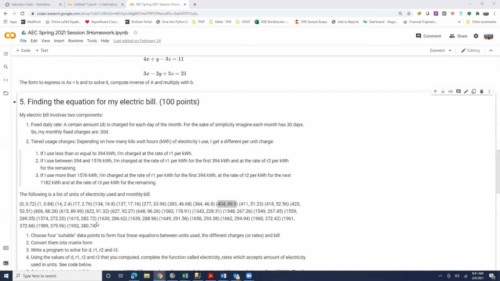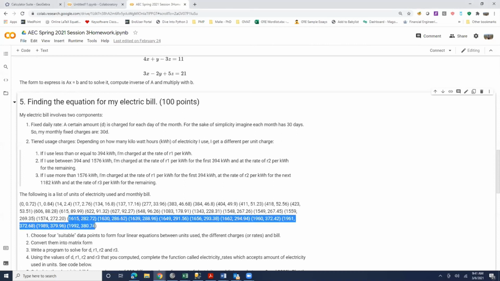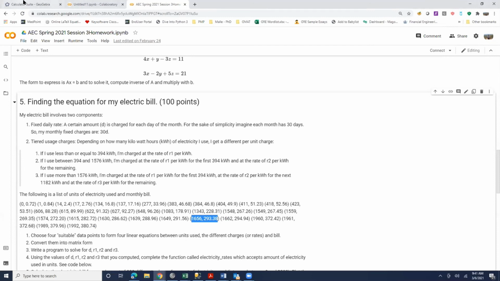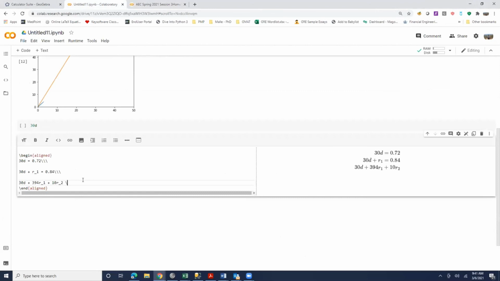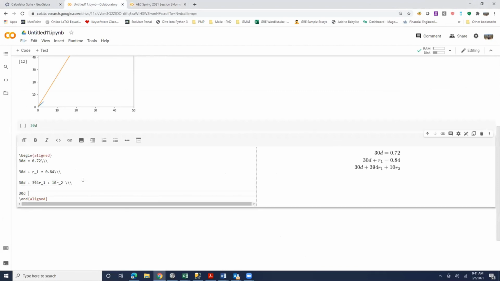Then you have some point like this one, which is more than 1572. This is going to give me a whole number. All of them will give me a whole number. So my last equation is 30D plus 394 times R1 plus 1182 times R2 plus 80 times R3.